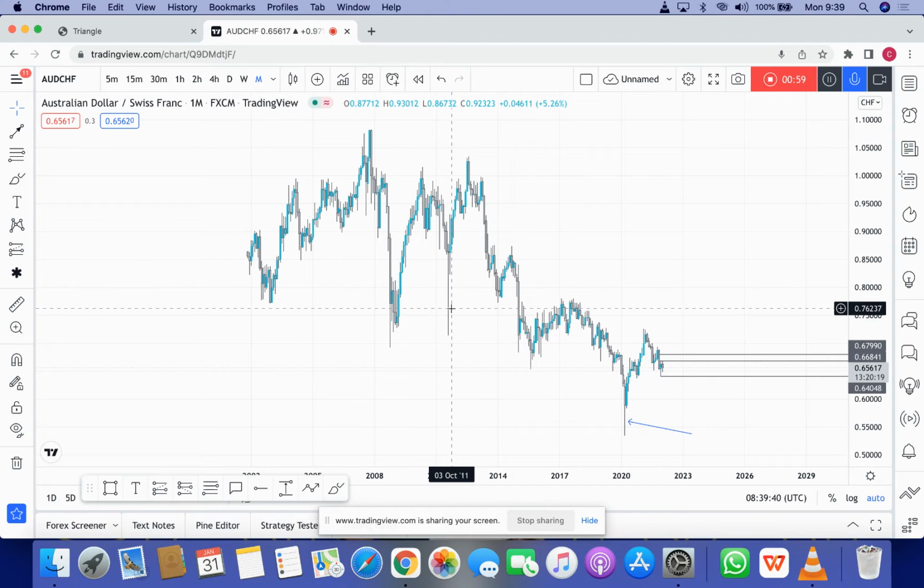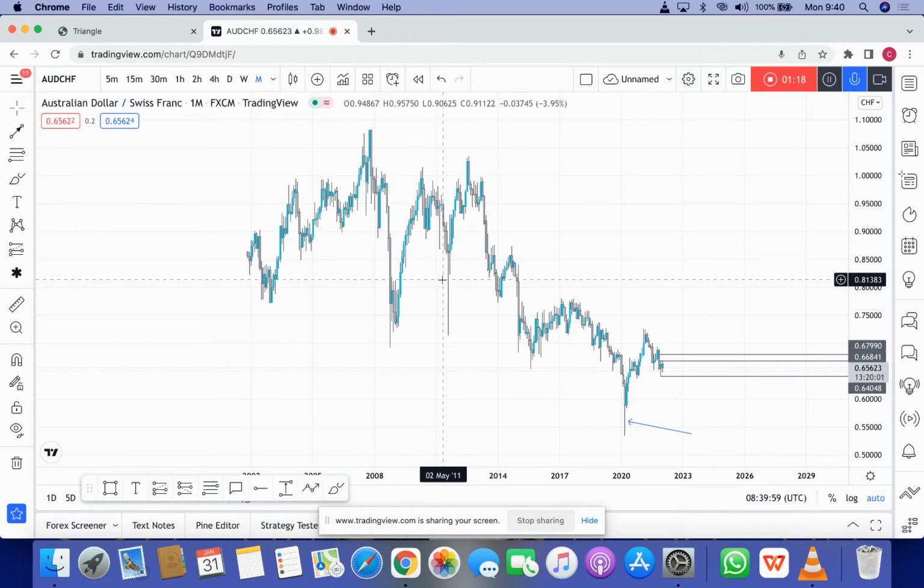So wicks should not be ignored. They are not empty spaces. They are actually orders. Just because you see a candlestick, you think, oh, that's all it is. No, wicks tell stories of price movements.